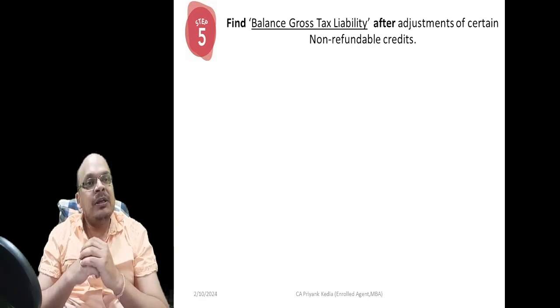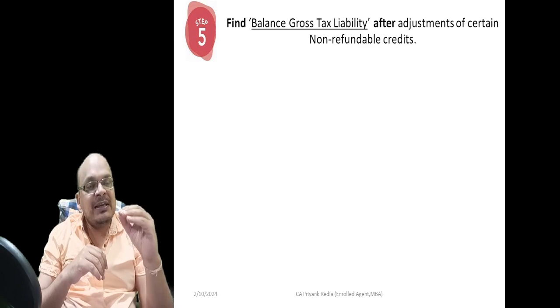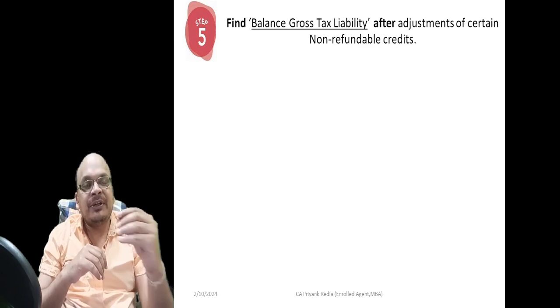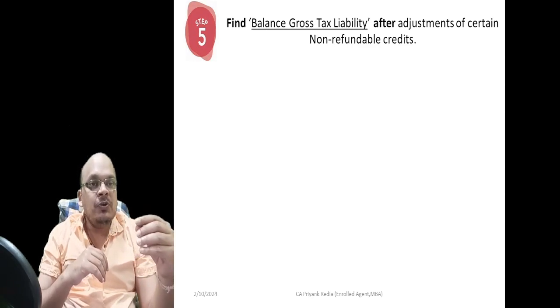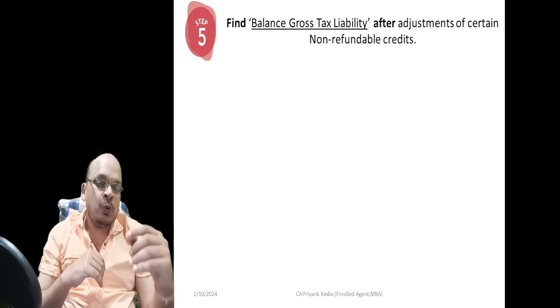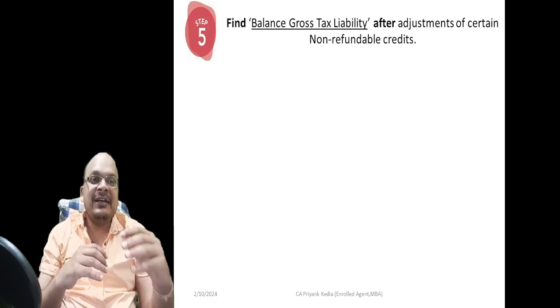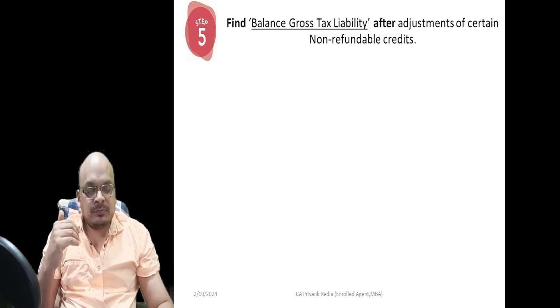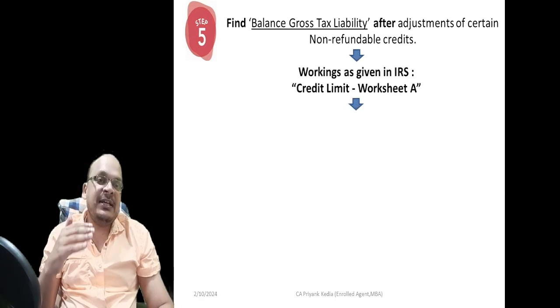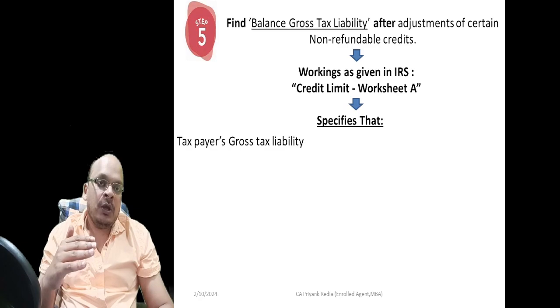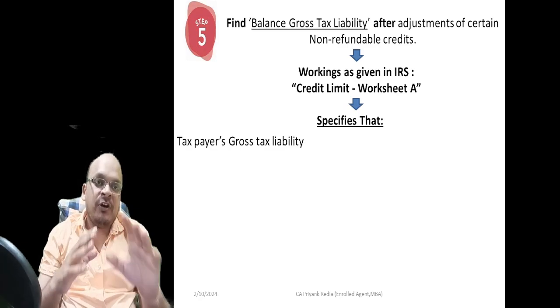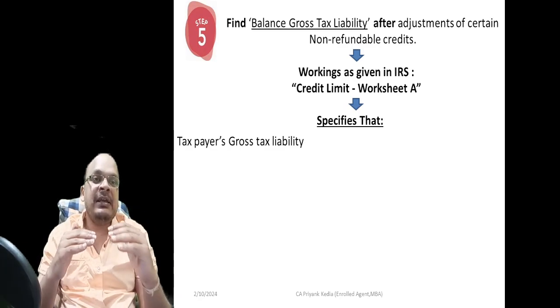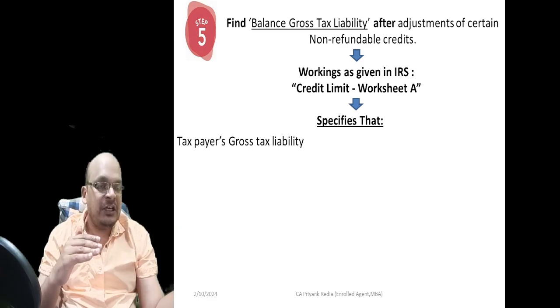So because he has completely utilized his child tax credit, now there is no unused child tax credit, and therefore he won't be eligible for any kind of refund. So what the IRS did was that it formulated a certain calculation, right? It said that wait a minute, what you have to do is first you reduce your gross tax liability by all other non-refundable credits other than child tax credit, right?